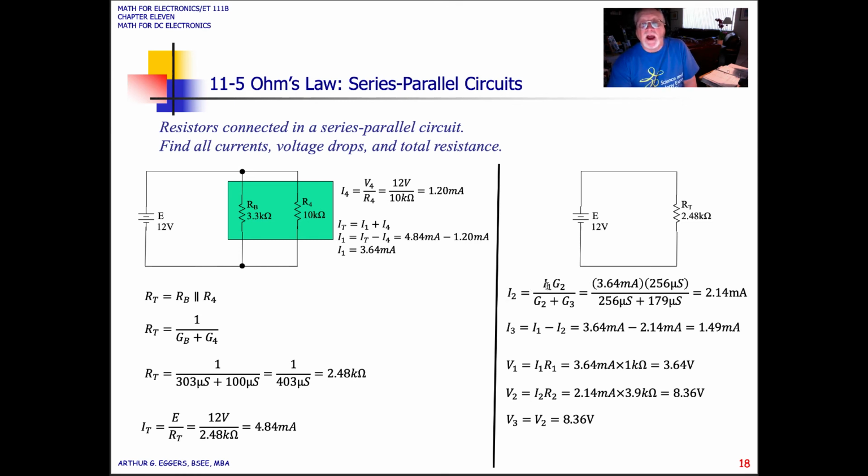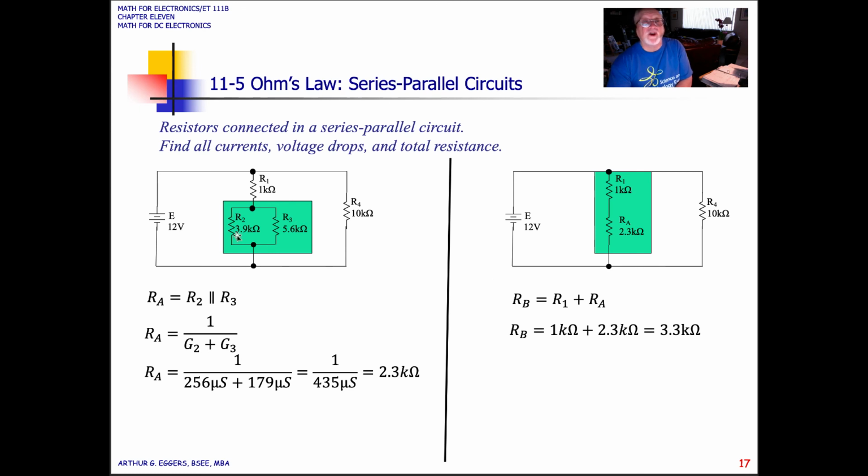I2 divided by I1 is equal to G2 divided by the sum of those two conductances, G2 plus G3. When we go and multiply and divide, we end up with a current through resistor R2 as 2.14. So if we look back here, here's R2. In this branch, we just solved for that current that went that way.